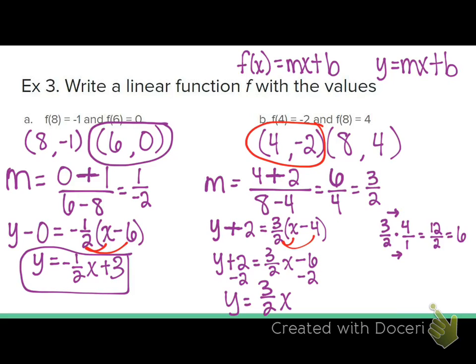Negative 6 minus 2 is negative 8. There's our answer. Again, if you want, you could switch these to f of x instead of a y, but I'm fine with a y on these. That's a pretty small detail in a problem that takes a lot of steps that you've got to remember. All right, questions about example 3?